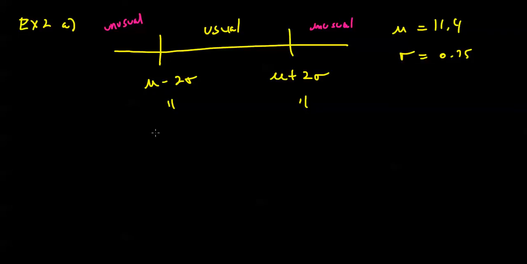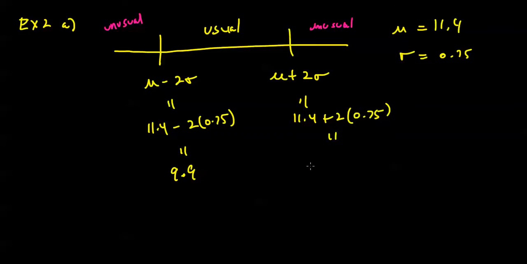Alright, well, just grind out these limits according to the numbers I've been given. 11.4 minus 2 times 0.75 on the low end, and that punches out to, I'll call it, 9.9. And on the high end, mu plus 2 sigma, that's going to be 11.4 plus 2 times 0.75, and that turns out to be 12.9.